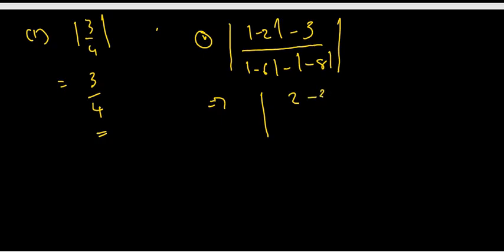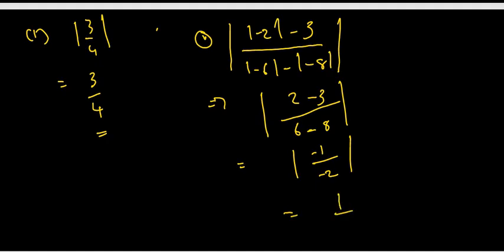Then there you have 3 like that. Then over the absolute value of negative 6, it is 6. Then minus the absolute value of negative 8, it is 8. Okay, then from there you can clearly say negative 1 there. Then there you are going to have negative 2. So the absolute value of this thing, it is the same as 1 over 2, meaning that we are done with this question. Okay, let's proceed to another question.